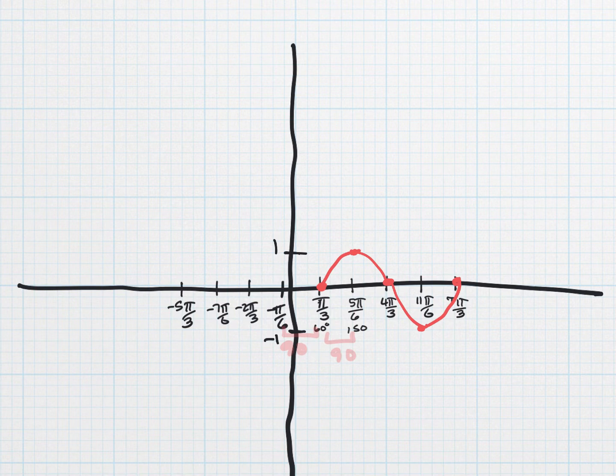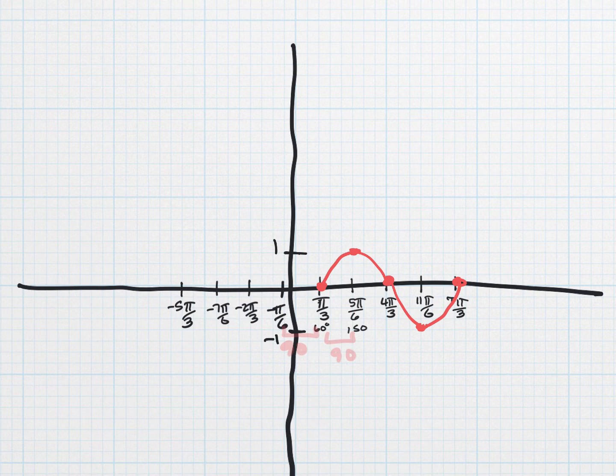Now, this is the mistake that everybody makes on the test. Remember, each one of these dots is 90 degrees apart. Remember, your starting point was at 60 degrees to the right. Do not stop on the y-axis. That's only 60 degrees. My next stopping point is 90 degrees to the left, and it's going to be over here at the negative pi over 6.